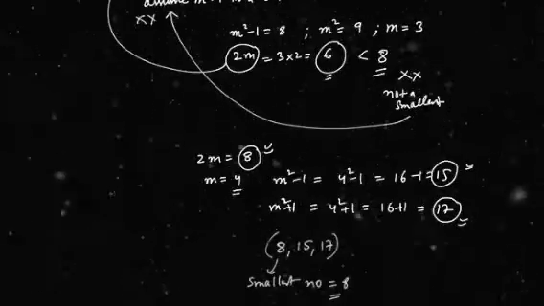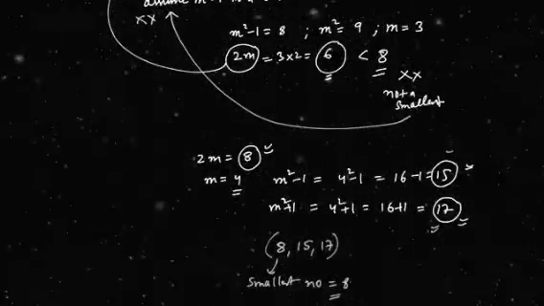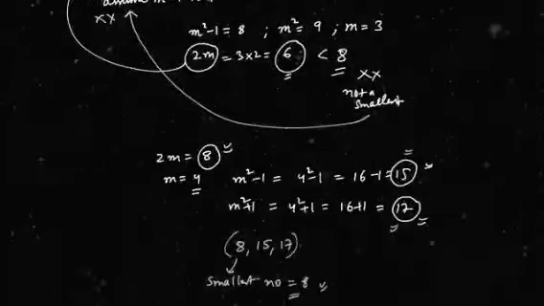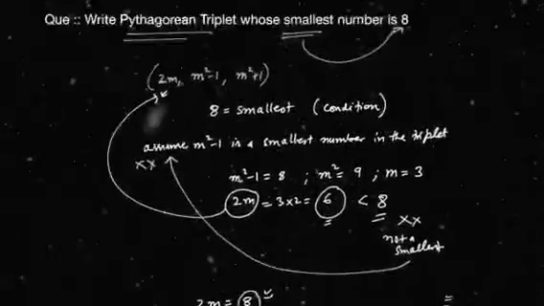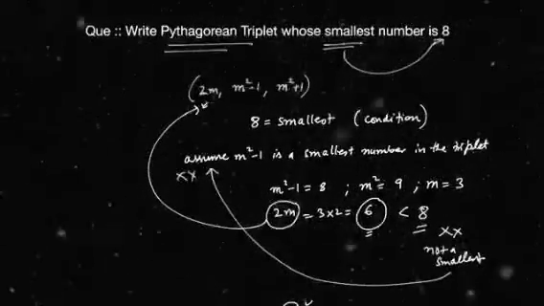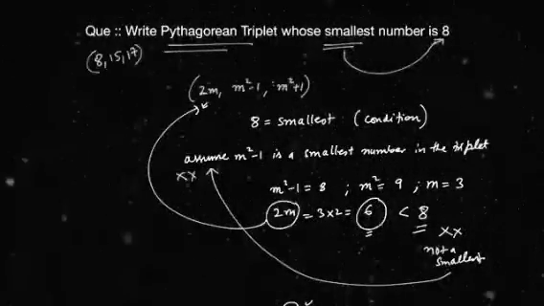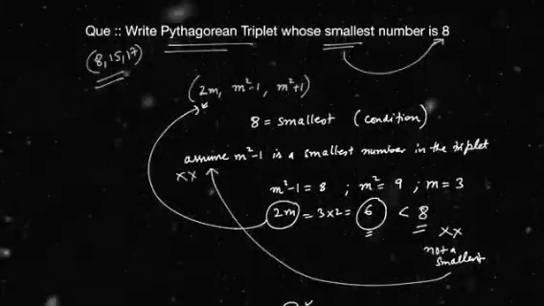So 8, 15, 17 is a collection of numbers and is known as a Pythagorean triplet. While solving this type of question, you have to make sure that it satisfies the formula. So now we can say that for this question, to find a Pythagorean triplet whose smallest number is 8, this is our final answer.